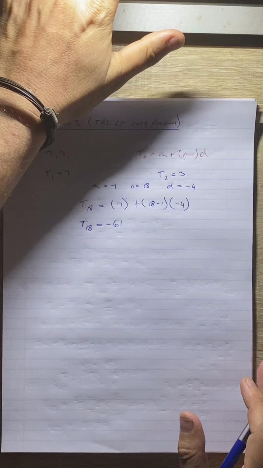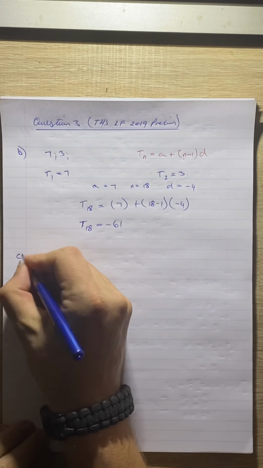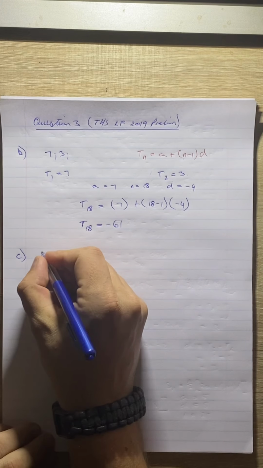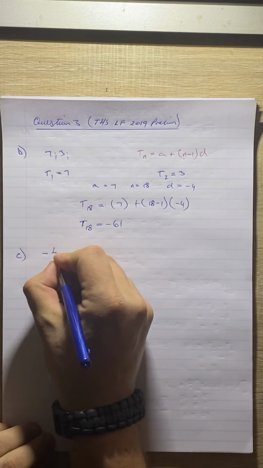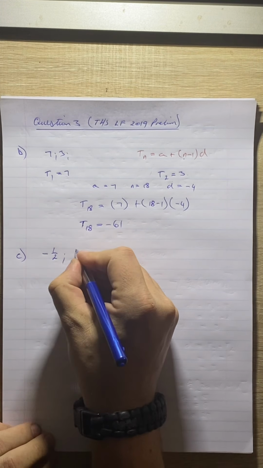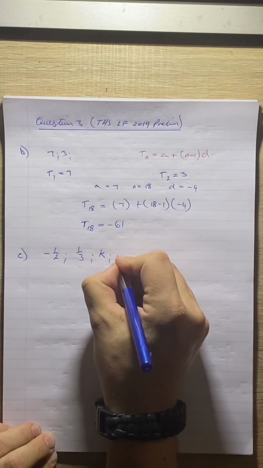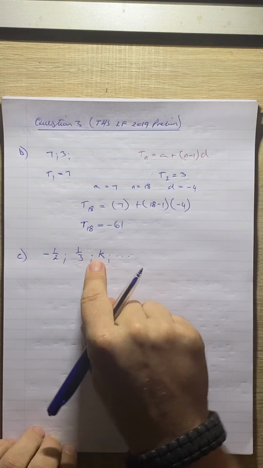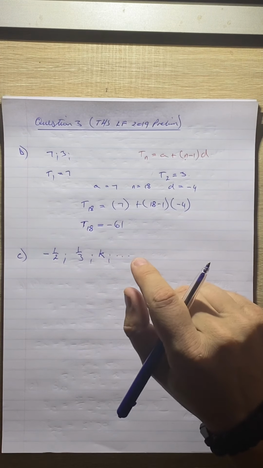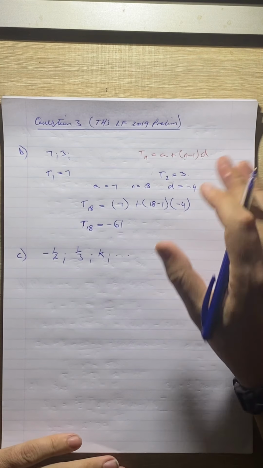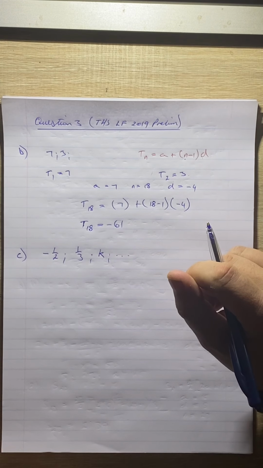Next question, question C. It's telling us that we've got this geometric sequence: minus a half, a third, K, and it goes on and on. Calculate the value of K. We can do this in two ways.